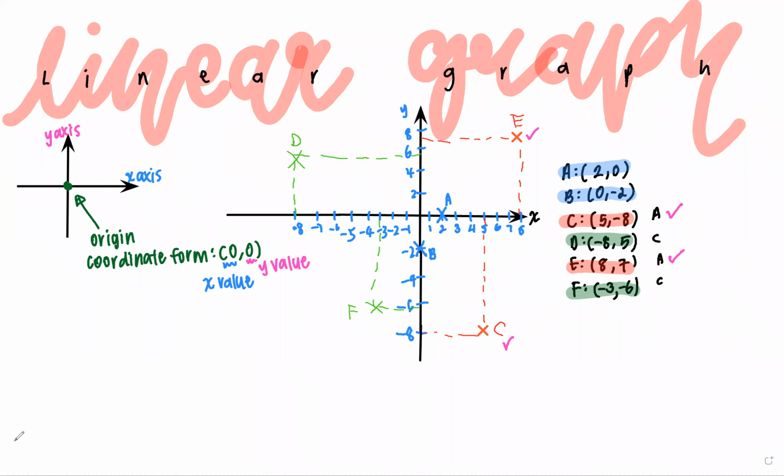So right now we did the F. And we did the D, which is minus 8 and 5. Okay. So I hope that you all copied all this onto your notes. Then next, we're going to move on to the next part, which is the linear graph equations.